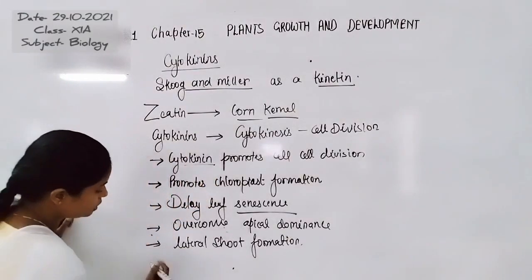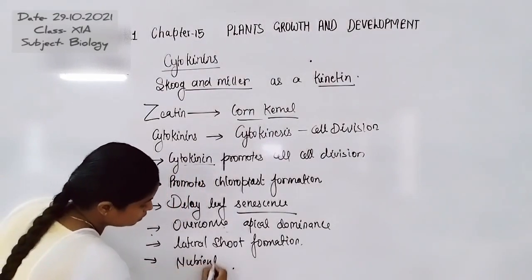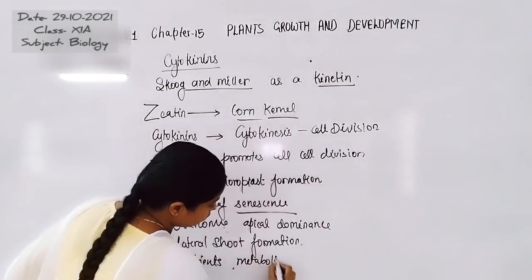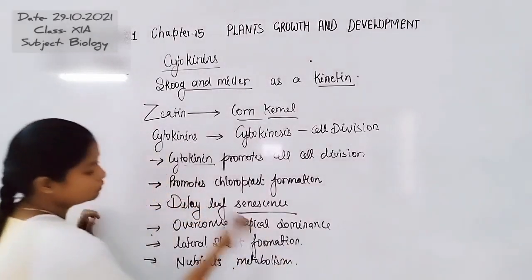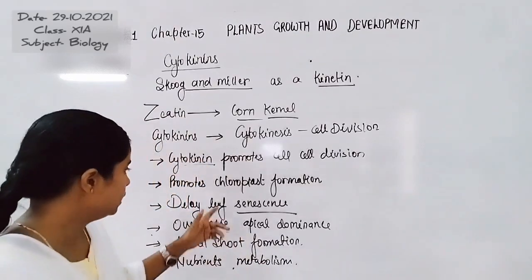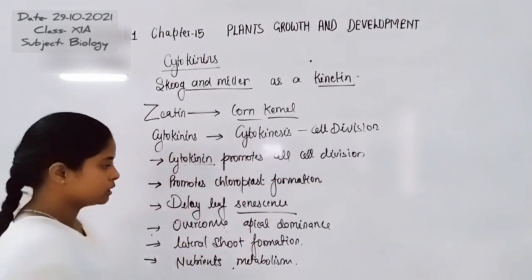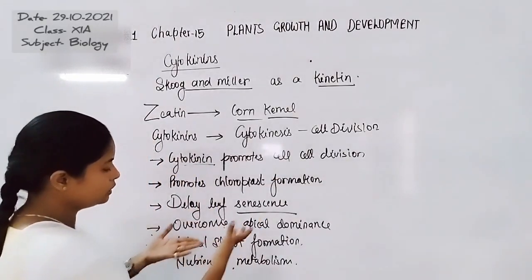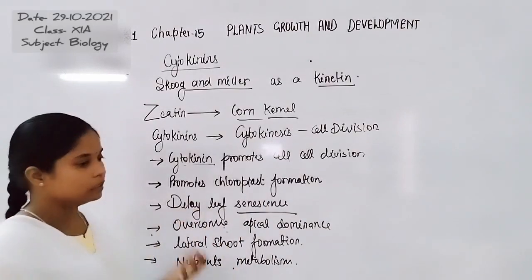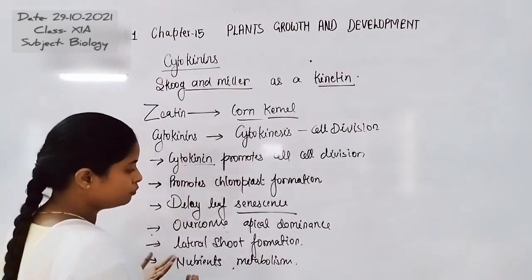Another function is that nutrient metabolism is also carried out by the cytokinin, because during favorable conditions, if they have more chloroplasts for more photosynthesis, and they also delay senescence, the amount of carbohydrate formed during photosynthesis increases.